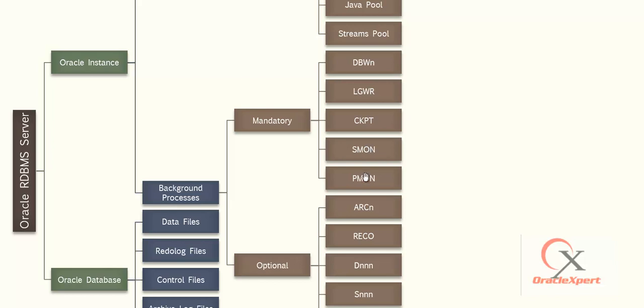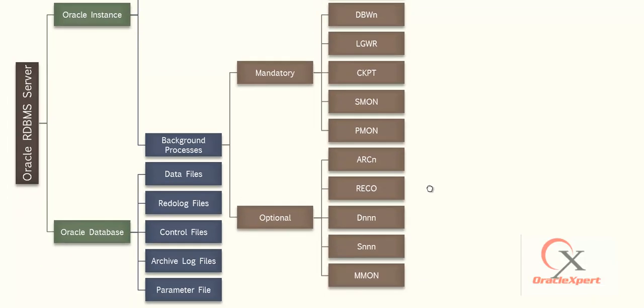The other part of your Oracle instance, as I said, is background processes, some of them mandatory, such as DBWn, the database writer, the log writer, LGWR, the CKPT, the checkpoint process, the service monitor, SMON, the process monitor, PMON. Note, all of them are mandatory background processes, whereas the other background processes are optional.